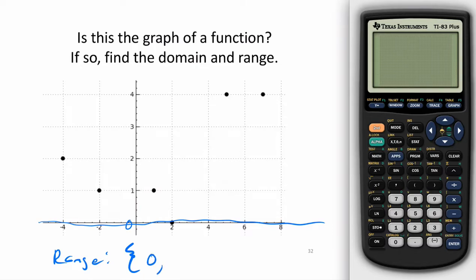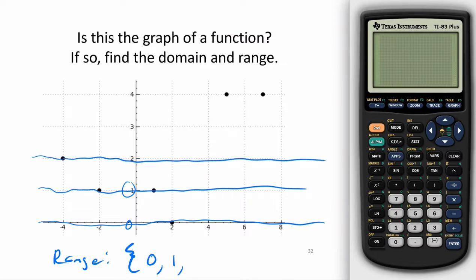So 0 is in the range. The next highest line that intersects the graph is right there, and that has a y value of 1, so 1 is in the range. The next horizontal line that intersects the graph is at 2. And the last horizontal line that intersects the graph is at 4. So those are the only range values. Those are all of the output values of this function.